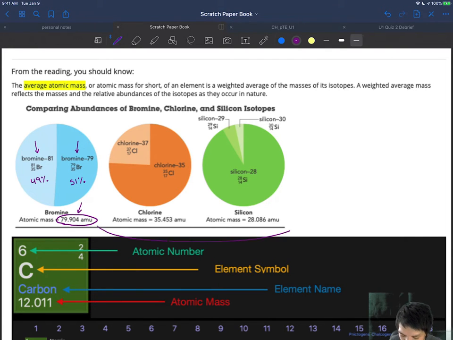So I'm going to take a look right here and try to describe it with a number line, okay? On the left to the right, I'm going to start with 79 AMU, atomic mass units. And then on the right, we're going to have 81 atomic mass units.